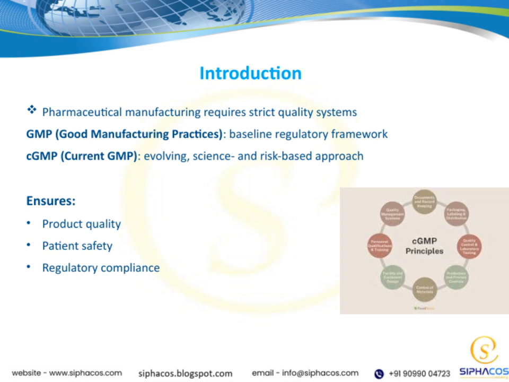They also help us maintain regulatory compliance, which is essential for bringing products to market and maintaining trust. So, in essence, these quality systems are the backbone of safe and effective pharmaceutical manufacturing, and understanding their evolution helps us stay aligned with best practices and regulatory expectations.